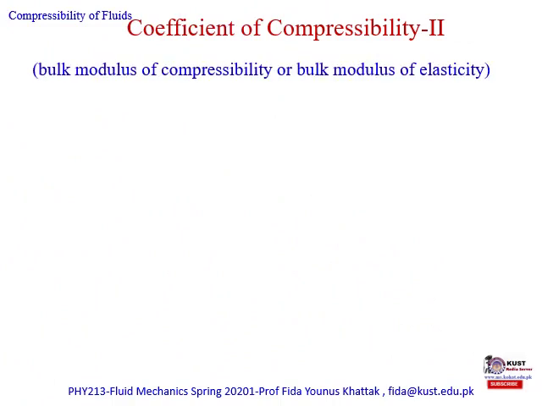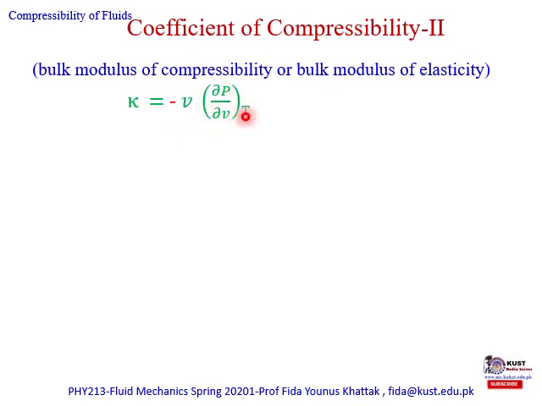The coefficient of compressibility is also known as bulk modulus of compressibility or bulk modulus of elasticity. Reproducing it here from the last slide, we have kappa is equal to minus V del P over delta V at constant T.